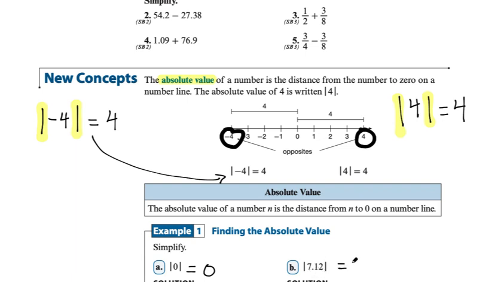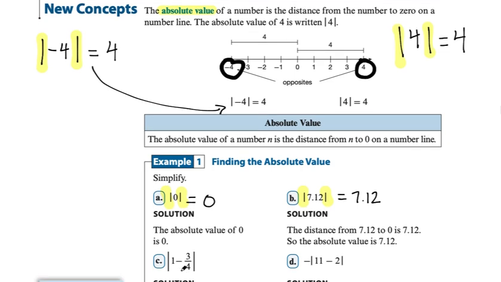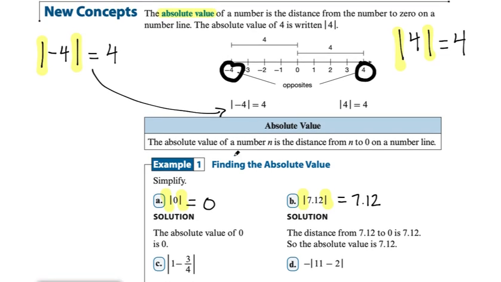Well, that's just going to be 7.12 because the absolute value is the distance and it's never negative. Sometimes I'll refer to the absolute value bars as almost like a positive maker. Anything inside the absolute value bars, once you've done whatever math needs to be done, will be made positive.